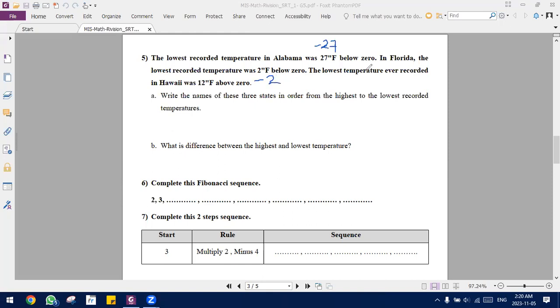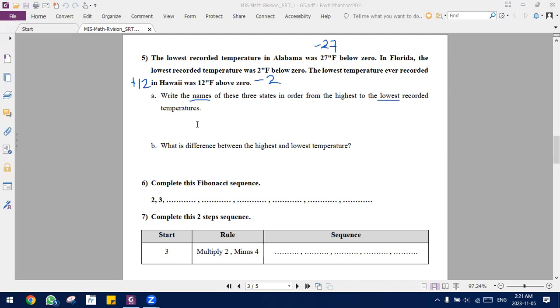However, the lowest temperature recorded in Hawaii was 12, but it's above 0, so it's a normal 12, or plus 12. They said, write the names, not the temperature. Write the names of these 3 states. We need to order them according to their recorded temperatures, starting from the lowest.